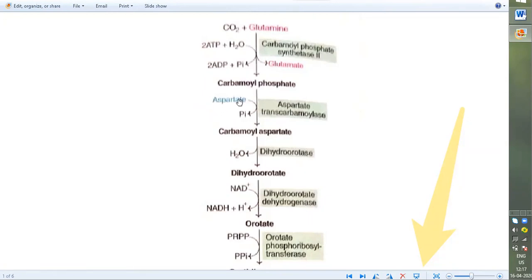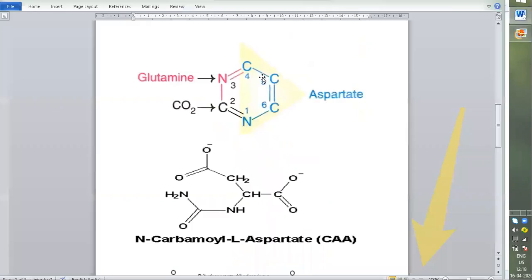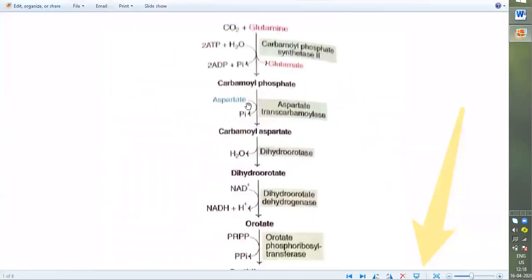In the second step, aspartate is added. Aspartate has 3 carbons and 1 nitrogen, and one more carbon will be removed in the form of carbon dioxide. So now it is converted to carbamoyl aspartate, which means the phosphate ion is removed and aspartate is added. This aspartate has 4 carbons and 1 nitrogen, but only 3 carbons are involved in the formation of pyrimidine, and 1 carbon dioxide is removed in the later stages. So in the first step, carbon and nitrogen are added, and in the second step, aspartate is added.